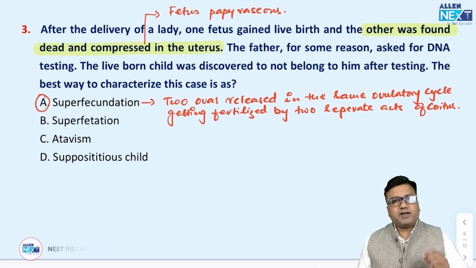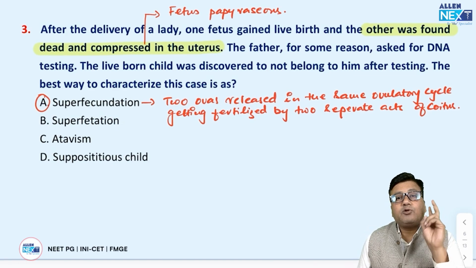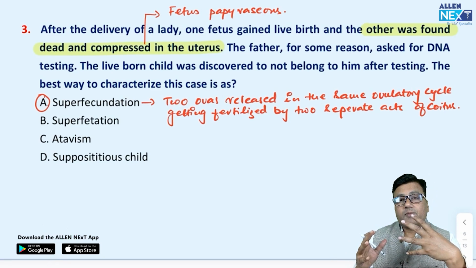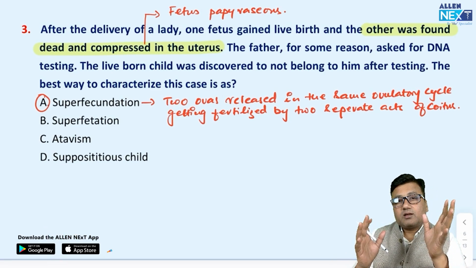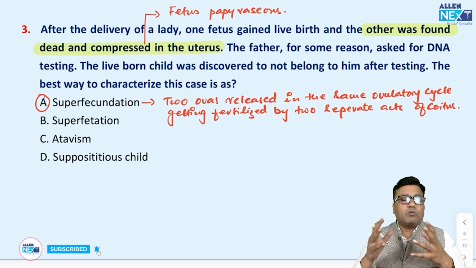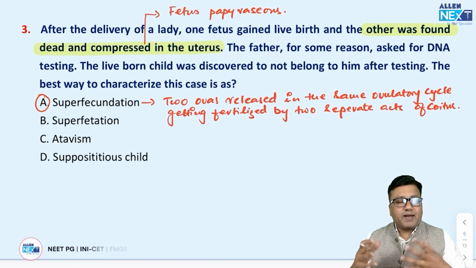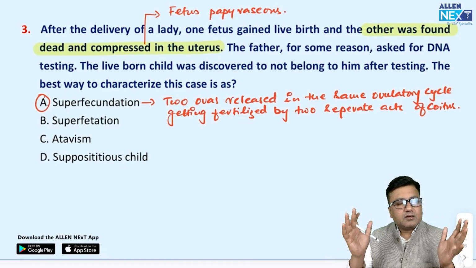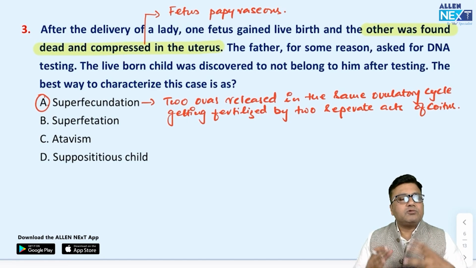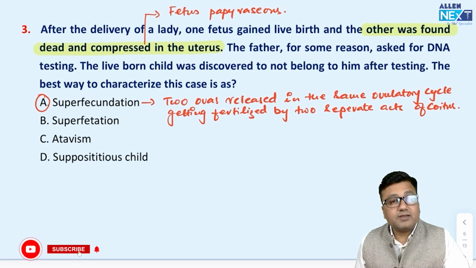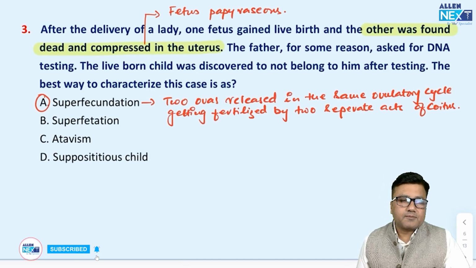And these two separate acts of coitus can be done by two separate people or two separate men. And that is how two separate ova released in the same cycle gets fertilized, but one ova grows better than the other. As a result, the better growing fetus causes the other fetus to die and compress, called as fetus papyraceus. Right? This is superfecundation.